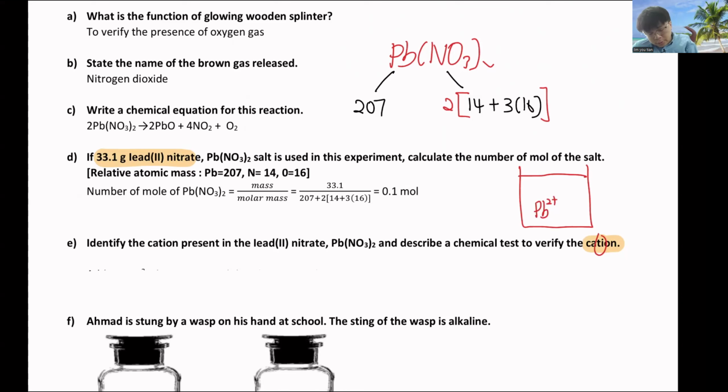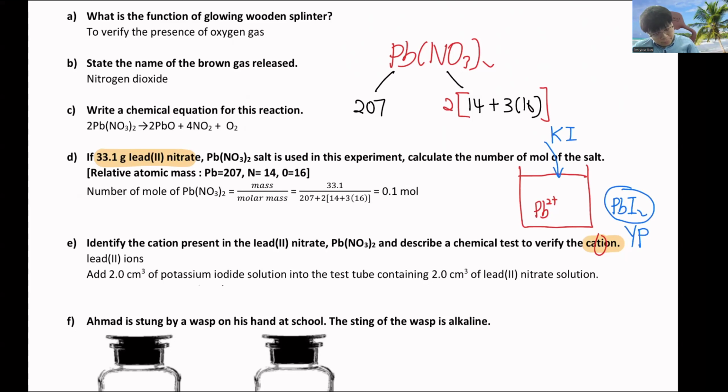So what you need to do is add in KI. Why? Because Pb and I2 will become a yellow precipitate. So the Pb in the water, reacted with the iodide, you get PbI2.